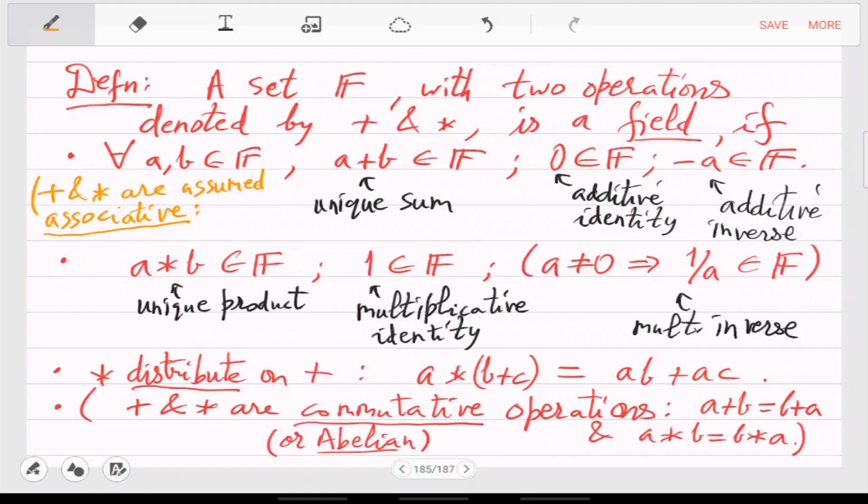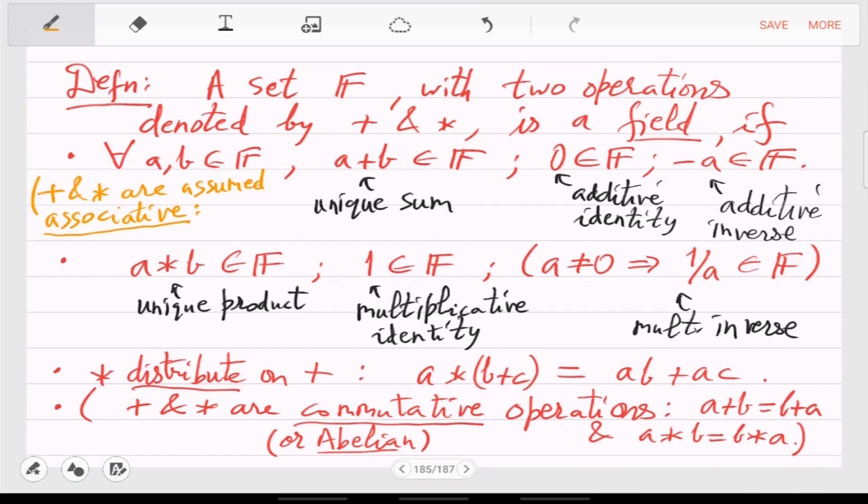So associativity means that if you are multiplying, let's say, or you are adding three things, then it doesn't matter in what order you add. So A plus B plus C, you can first do A plus B, then C, or you can first do B plus C, then A. Same thing with multiplication.